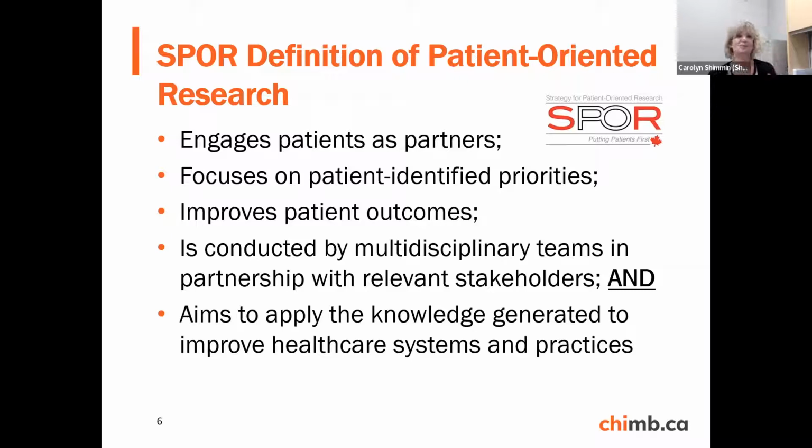This is where you have people with lived and living experience actually engaged as co-researchers, helping to do research decision-making about the process. We're also looking at focusing on patient-identified priorities, improving patient outcomes. We want to make sure that the research is conducted by multidisciplinary teams in partnership with relevant stakeholders and rights holders.